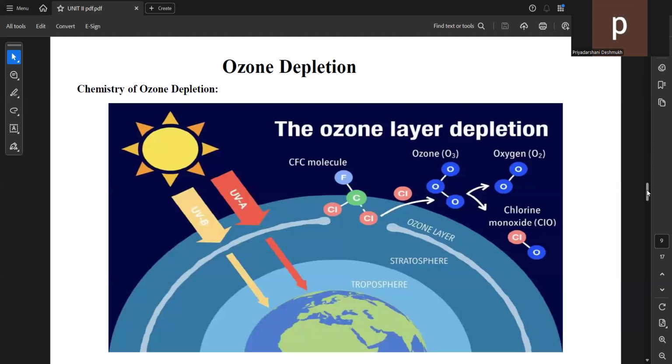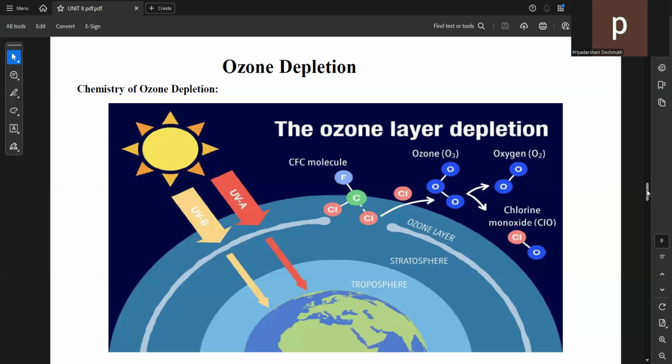As the diagram shows, the ozone layer depletion is the decrease in the O3, that is the ozone layer. Now, ozone depletion refers to the thinning of the Earth's ozone layer, primarily in the stratosphere, caused by human-made chemicals. The greenhouse effect is actually a cause of depletion in the ozone layer, that is the thinning of the ozone layer.